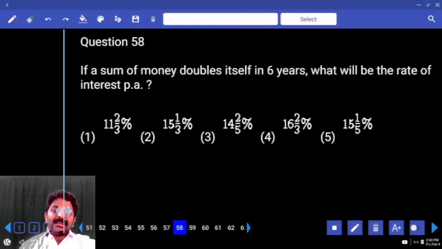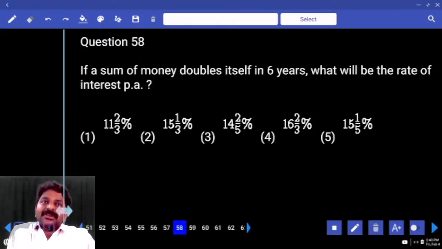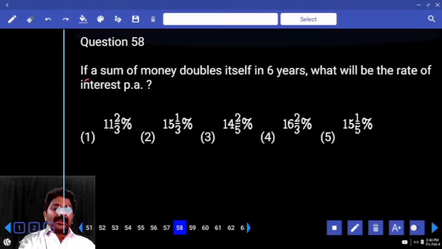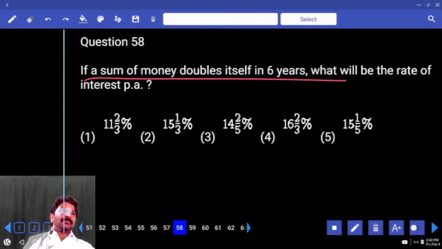Next, if a sum of money doubles itself in 6 years, what will be the rate of interest % per annum? Right. So now, if I take 100% from you, according to the condition, what is the sum? What is the principal? Sum 100%.